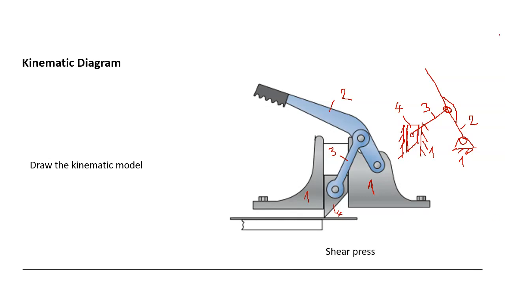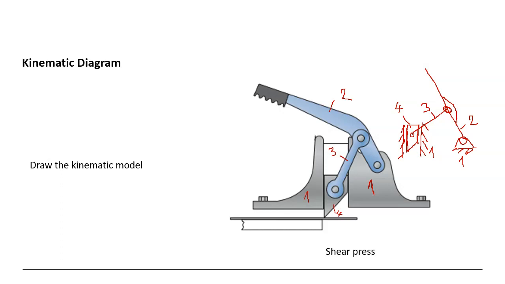And we have also 1, 2, 3, and 4 joints. Here we have a pin joint, and also here a pin joint, revolute joint, 3 revolute, pin joints. And here we have the slider.